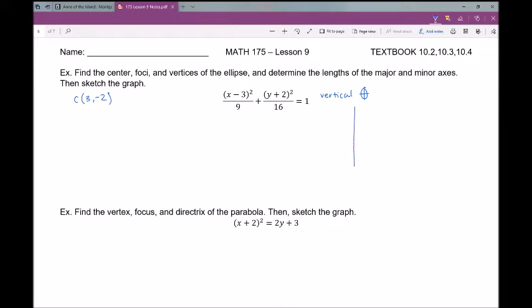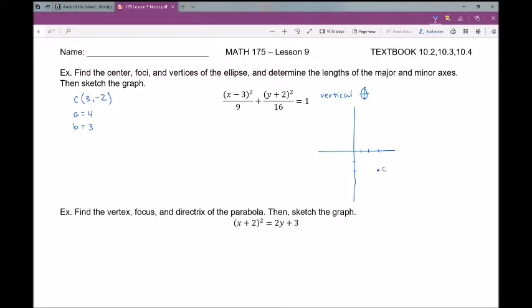We found our center, so let's go ahead and start graphing. So if we draw some axes here, I'm going to leave the y-axis a little longer because I know that this is going to have a vertical orientation, okay? So we know from our equation that a is equal to 4 and b is equal to 3. So this time our center is (3, -2). So I'm going to graph that point first. So there's my center.